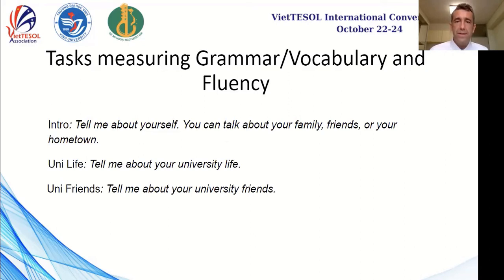Now, this is an example of the tasks that we have for measuring the grammar and vocabulary and fluency constructs. We have different tasks that I will not show you today for time, but these are the three tasks that we do have to measure these two constructs. And as you can see, they are quite open.